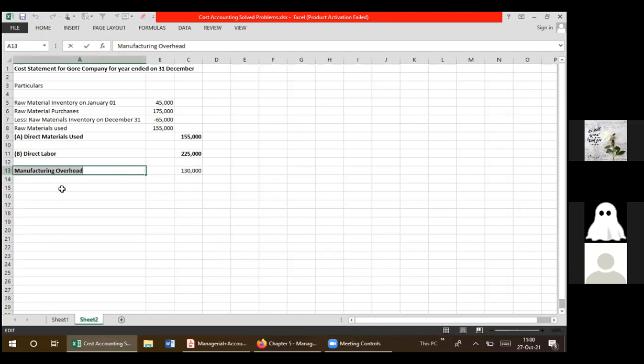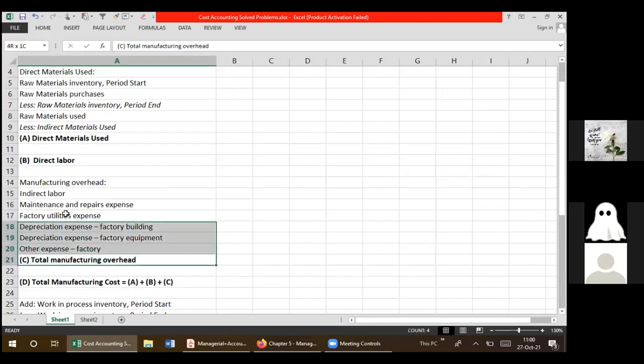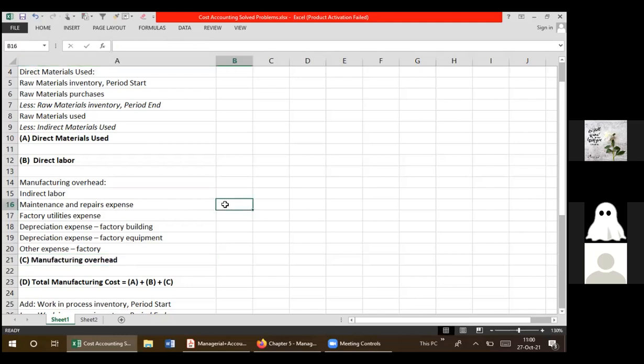This is point C for us, manufacturing overhead. Since we do not have all of these, we straight away came to manufacturing overhead. Okay, so we are at point C, done now.